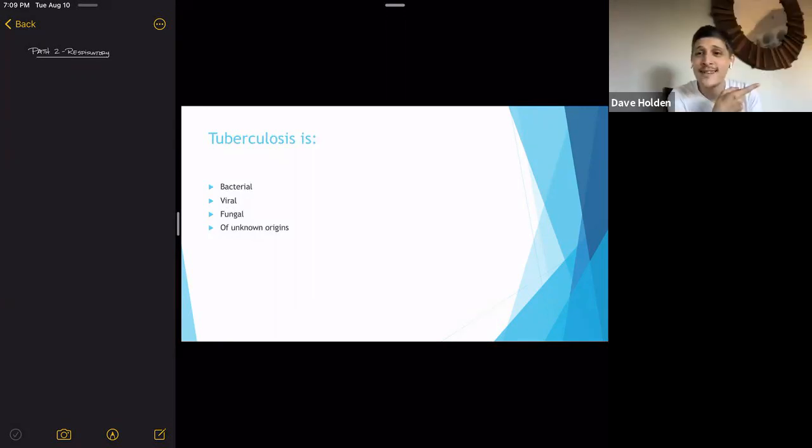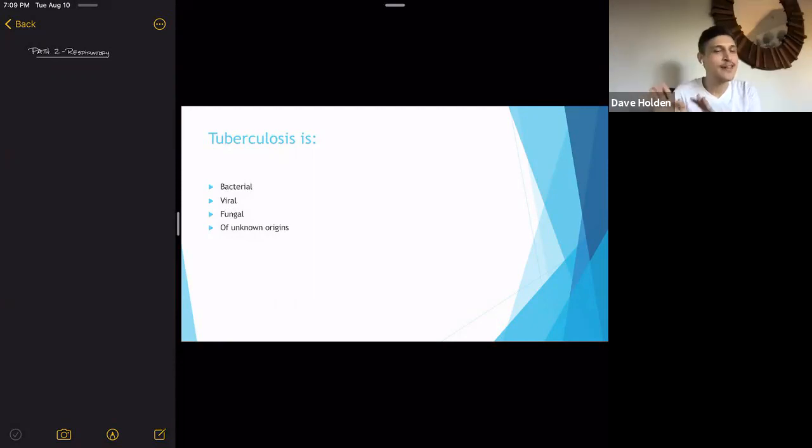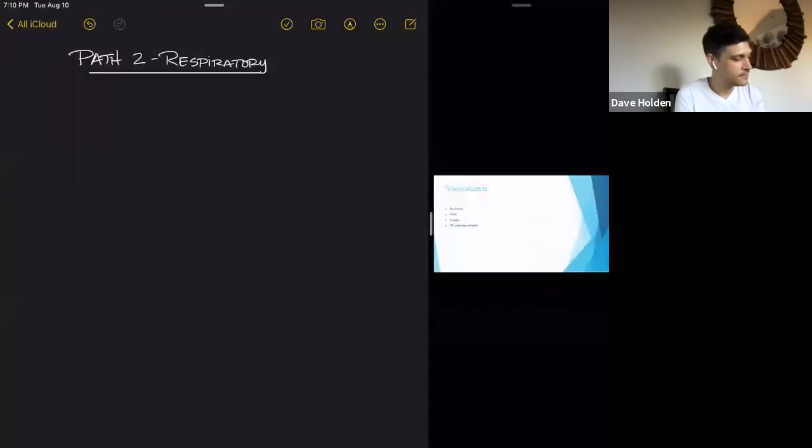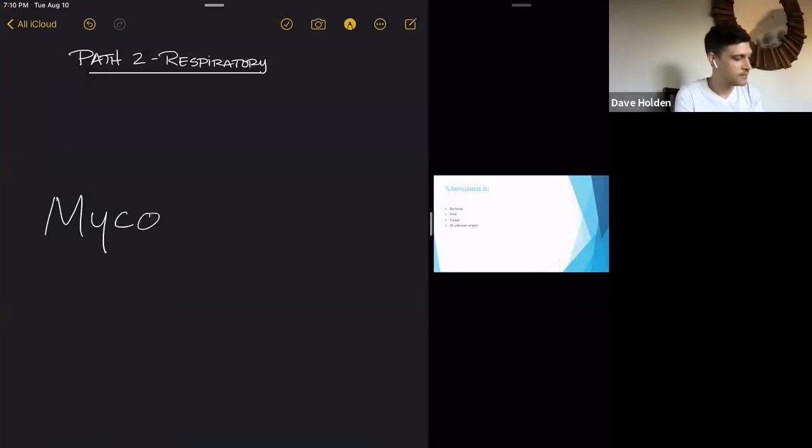Bonus points. Does anyone remember the name of the bacteria? I put it in the slideshow. If not, it's fine. That's why it's a bonus point. It's no big deal. It's Mycobacterium.